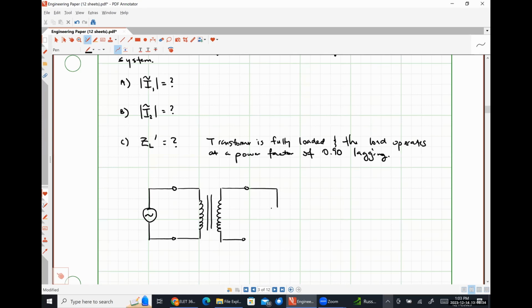And then over here, we have our load impedance. Okay. So this is going to be my voltage V1, my current I1, my current I2, and my voltage V2.